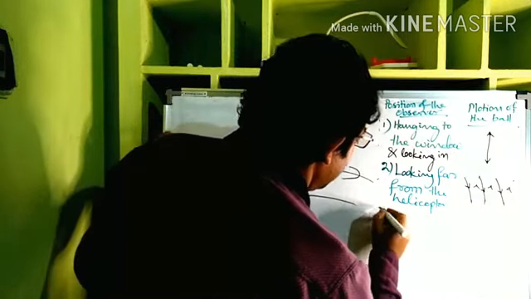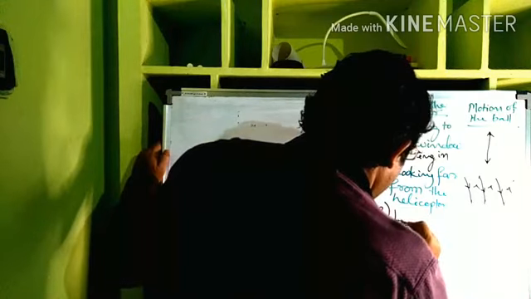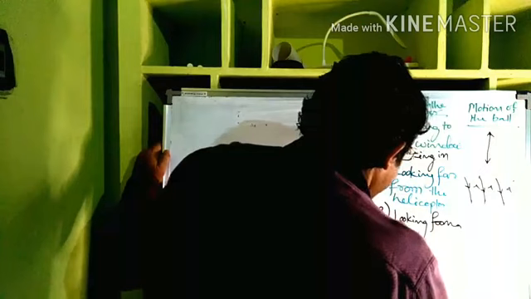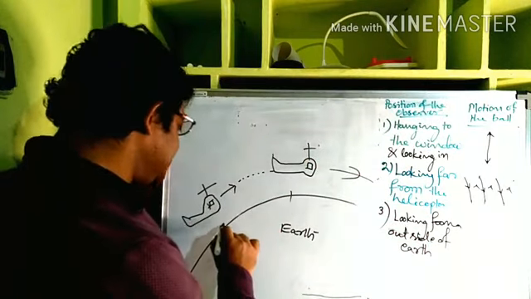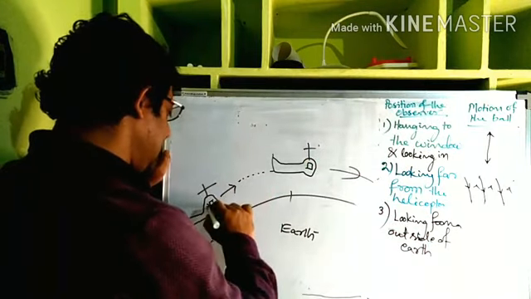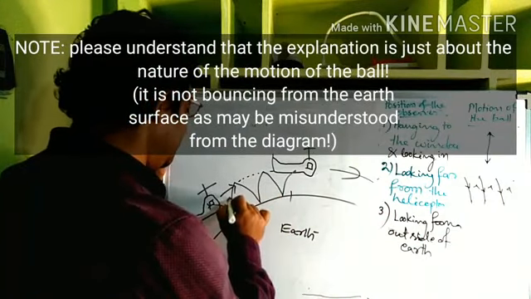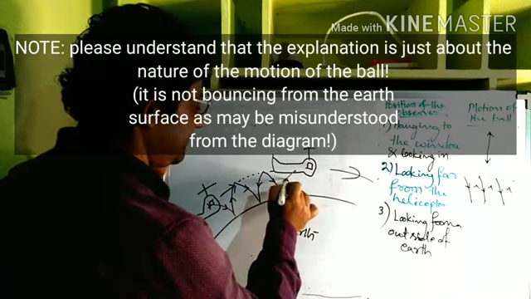Now the third scenario is looking from outside of earth. Then see, it hits and goes, hits and goes, hits and goes. Don't you think that the motion of the ball will look somewhat like this?